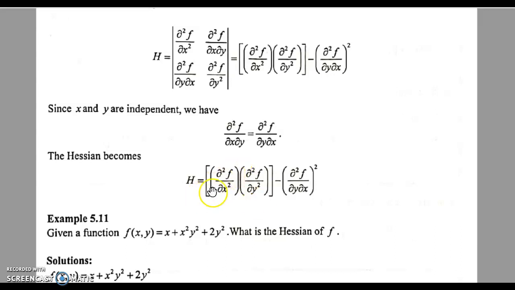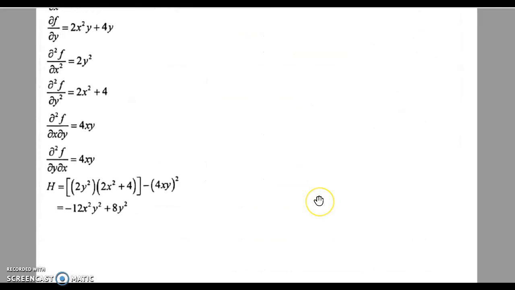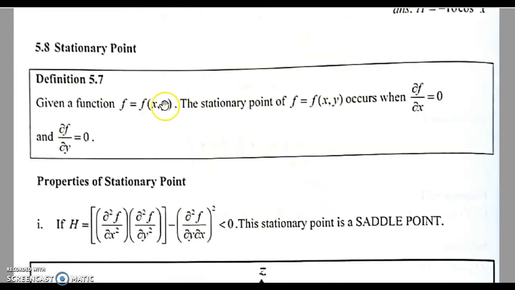To talk about the Hessian function, we first need to understand another term known as a stationary point. A stationary point is a point on a graph where the gradient is equal to 0, meaning that there is no slope, right?